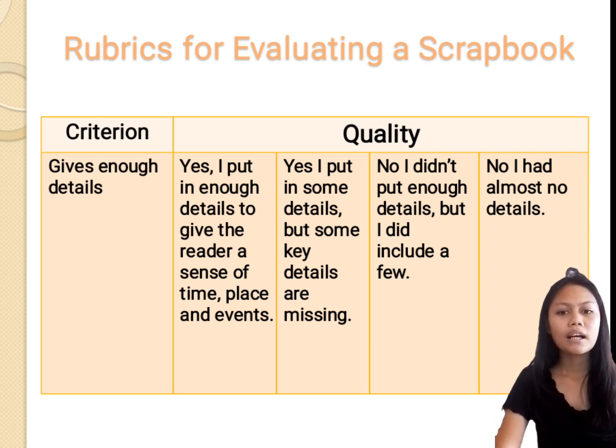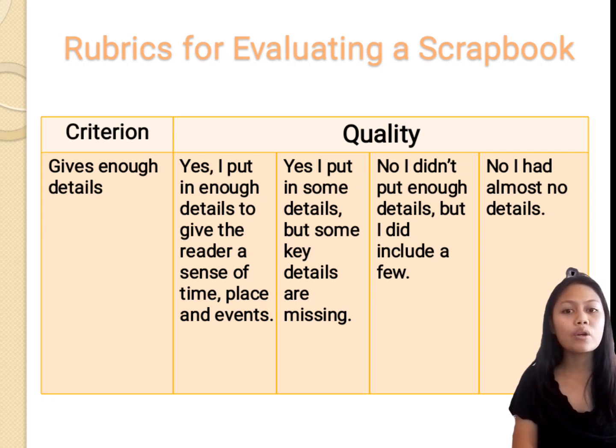It is usually what the teacher looks for, so we need to have enough details. The following are the qualities you need in order to have a better grade in a scrapbook, or to have a guide in evaluating a scrapbook.